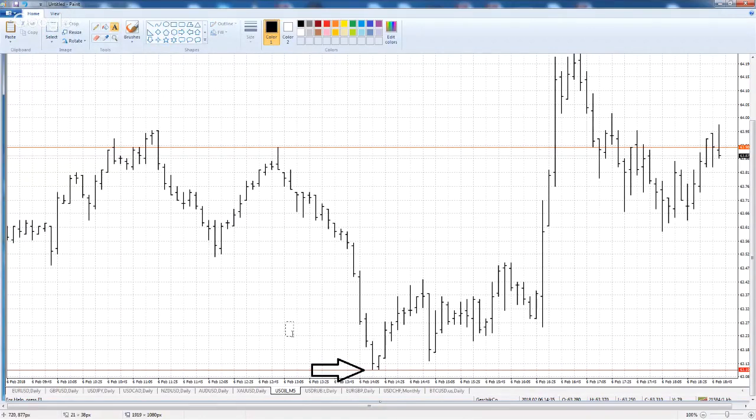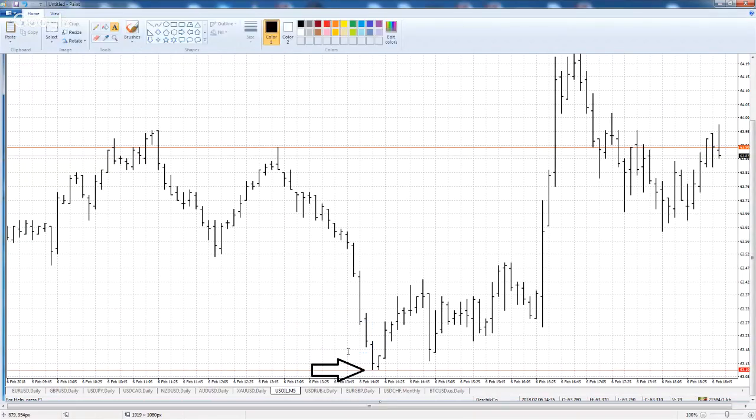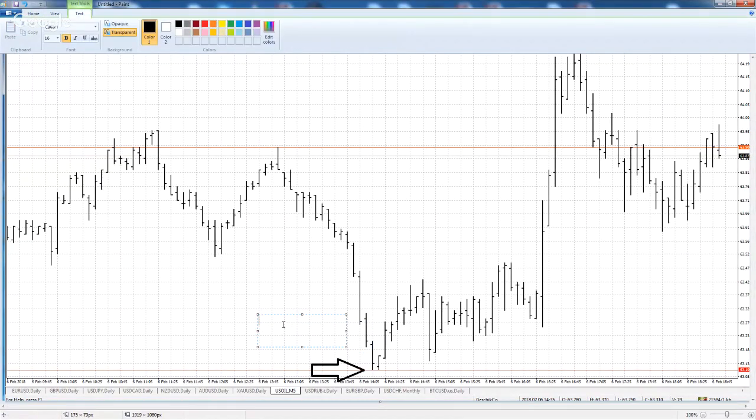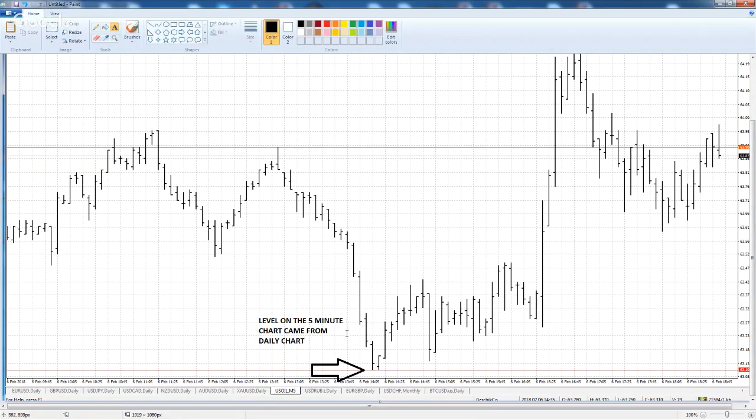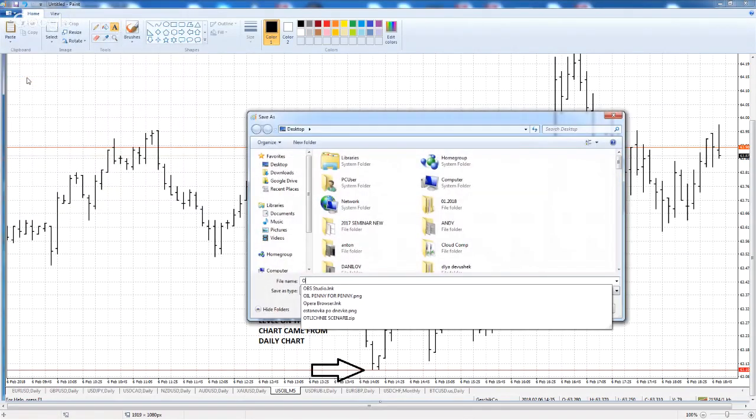And we're gonna draw level. Hold on. Level on the 5-minute chart came from daily chart. Okay, so what do you have here? You see, daily chart. Then I'll show you another level. Okay, this is the daily chart, and that's how it's behaved. We'll save it, and we're going to say oil 5 minutes.